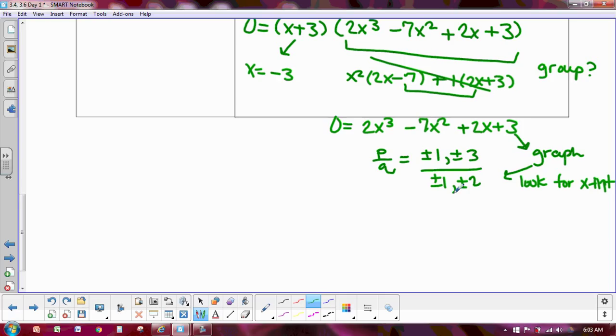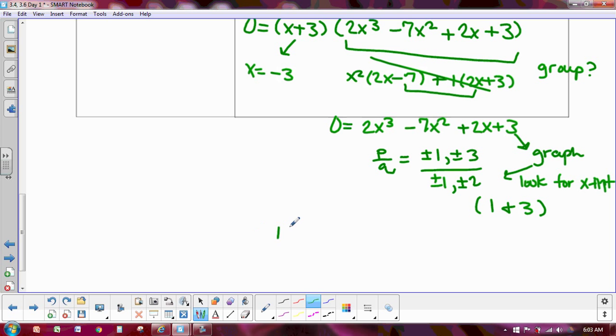Oops, hold on. I need to make sure I'm looking at the right example. Not positive 5. Positive 5 wasn't even an option for our rationals. But once you graph, you should be coming up with the fact that x equals 1 works and that x equals 3 works. You can pick either one of those.